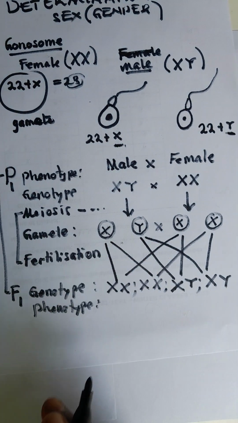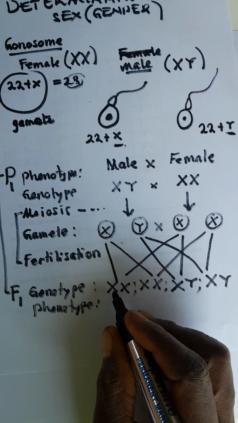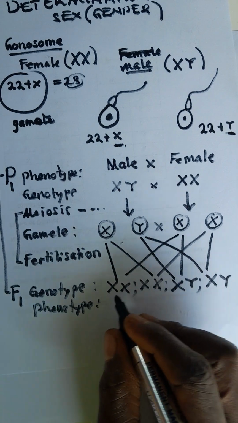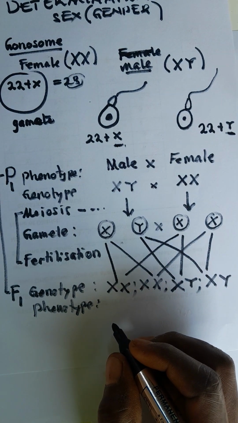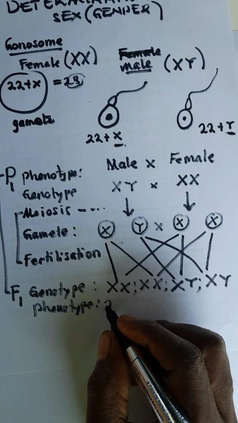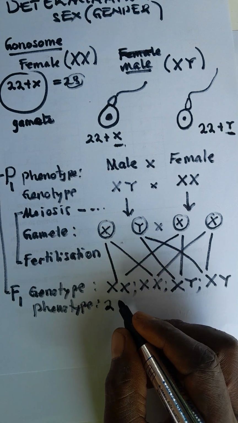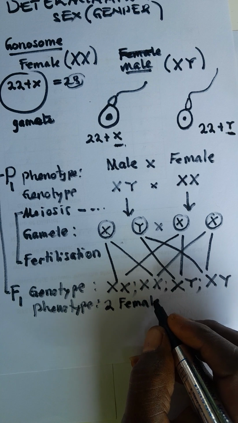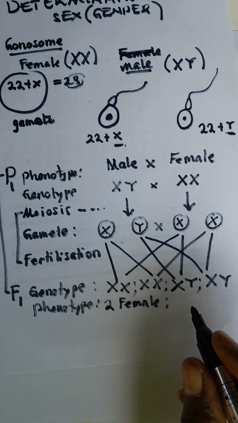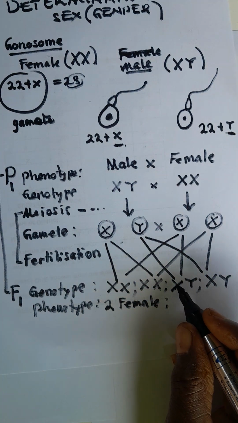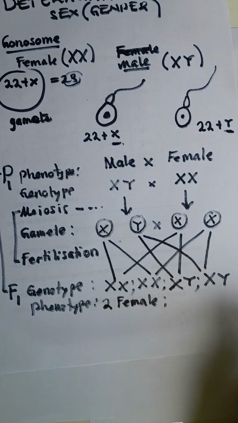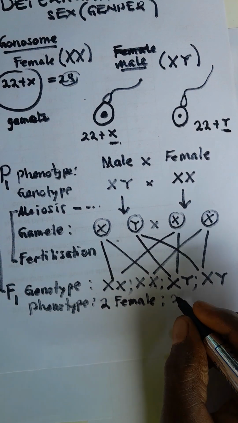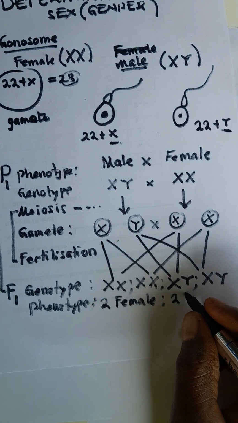So if you look at what is happening here, you've got two XX and two XY. In the phenotype translation, the XX give us two females. The XY here, there are two, so we combine them and say two males.